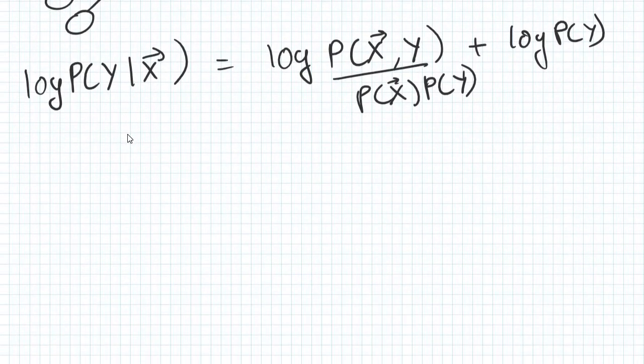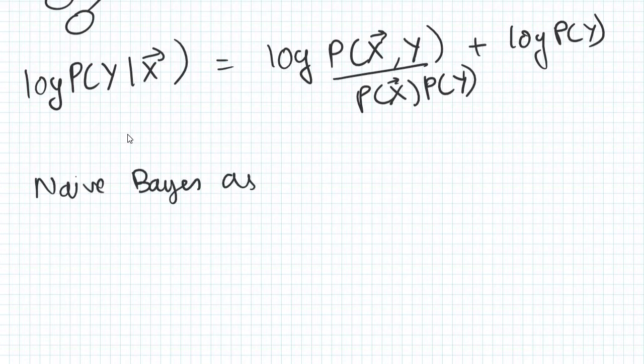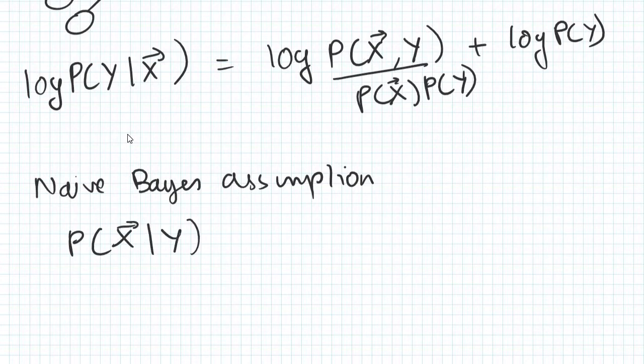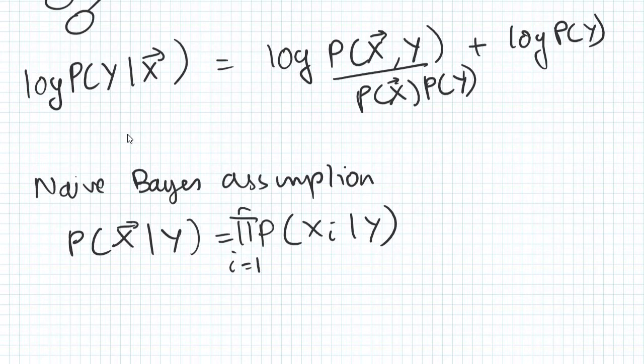Now, the naive Bayes assumption is basically that the conditional distribution p of x given y can be factorized into its components p of x_i given y, with i ranging from 1 to d.